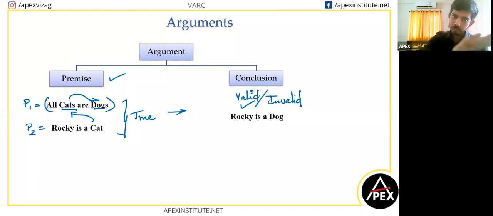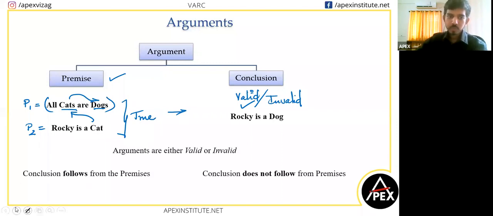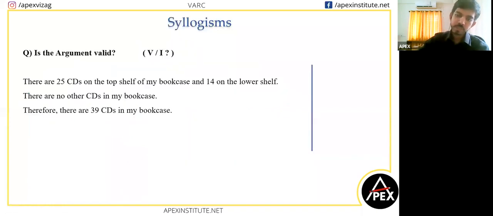We will be given one or more premises, and based on the premises, we have to judge whether the conclusion is valid or invalid. If we can say that the conclusion follows from the premise, then it is a valid argument. And if it doesn't follow, it is an invalid argument. So let's try to do a bit of simple practice. Let's start with easy questions, and then gradually we'll make it more and more difficult.